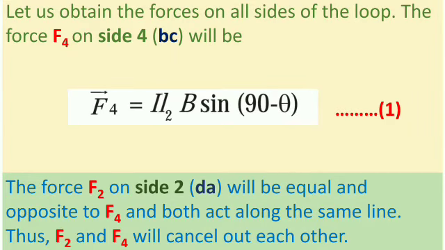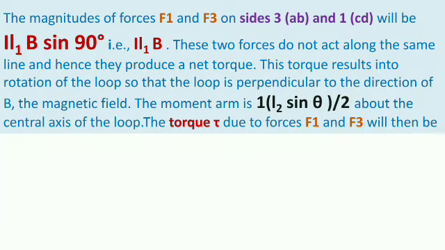The force F2 on side 2, that is side DA, will be equal and opposite to F4, and both act along the same line. Thus vectors F2 and F4 cancel out each other. Now the magnitudes of forces F1 and F3 on side 3, that is AB, and side 1, that is CD, will be I L1 B sine theta.